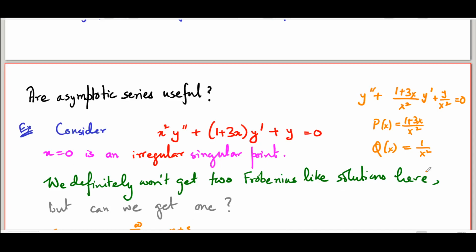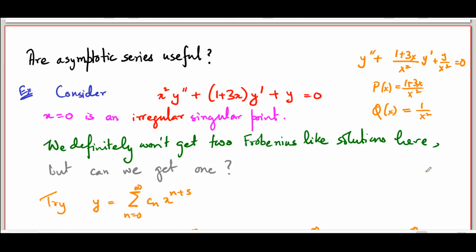What we are guaranteed is that we will not get two independent Frobenius-like solutions, but at least we might be able to get one. So let's try. The extended Frobenius power series is a power series with an additional x to the s stuck in, where s could be negative or fractional or even complex, the so-called index.